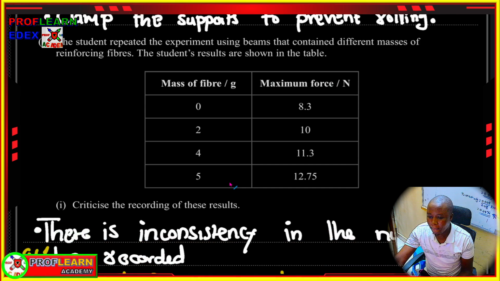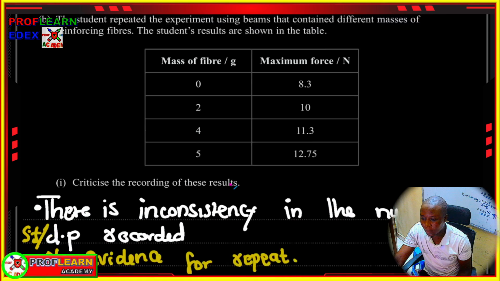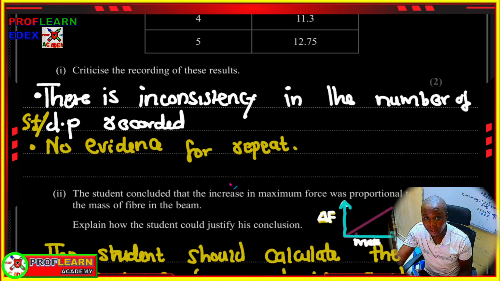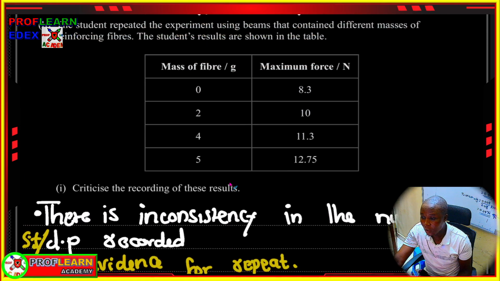Okay, so another particular question you'll be seeing in the exam is where you are told to criticize data that has been recorded in a table. In that kind of area, you look at the case scenario where you have inconsistency in the number of decimal places and the significant figures that are recorded.